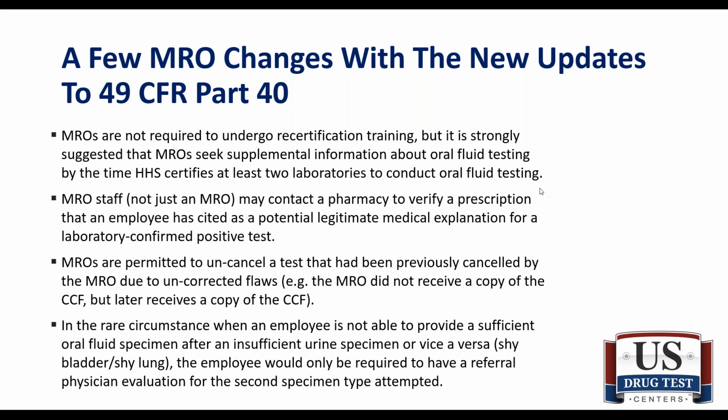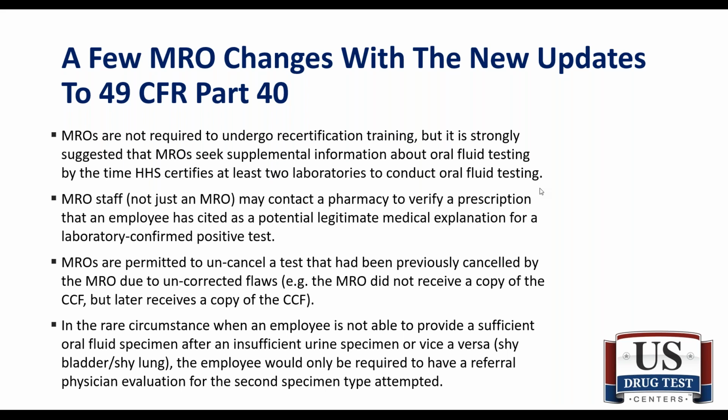And the fourth bullet point, in a rare circumstance where an employee is not able to provide a sufficient oral fluid specimen after an insufficient urine, or vice versa, and so on the second go around, the employee can't provide enough specimen, either oral fluid or urine, if they want a physician evaluation, it would only be required for the second specimen type attempted.